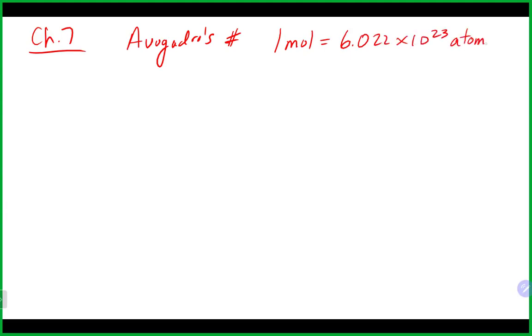Remember that the units of Avogadro's number can change, atoms or molecules, depending on the situation you're dealing with. And remember that Avogadro's number is the conversion factor that we use to go between those two units. So if you have moles and you want atoms or molecules, Avogadro's number is your conversion.